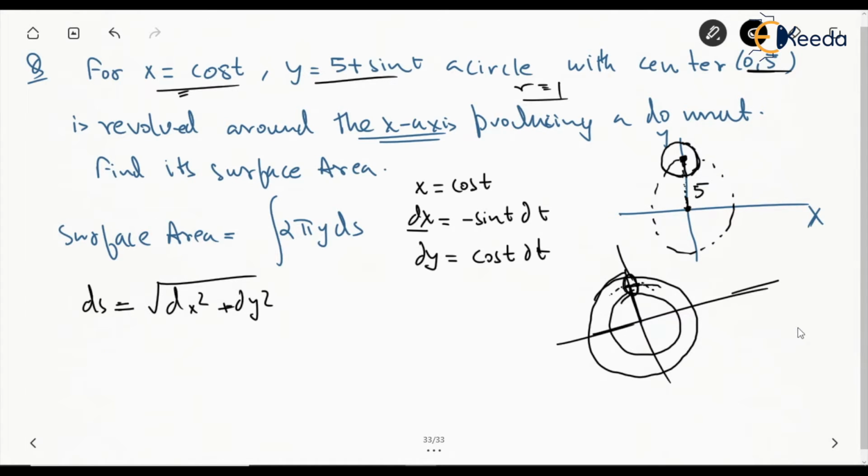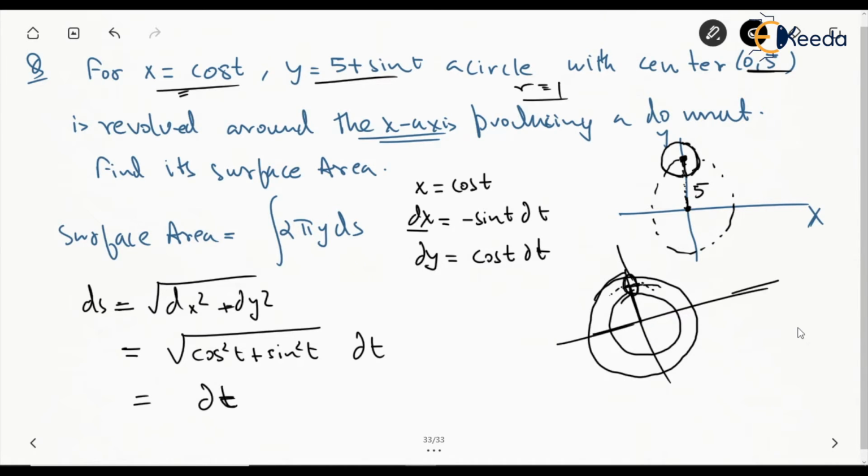So in that case this is going to be under root of, I can take dt common, so it will become cos square t plus sin square t, dt. So this becomes simply dt.